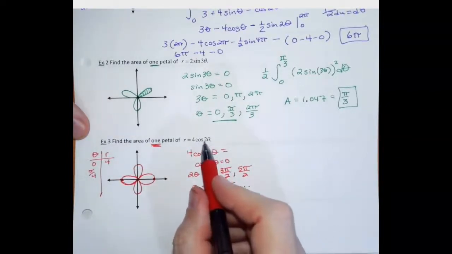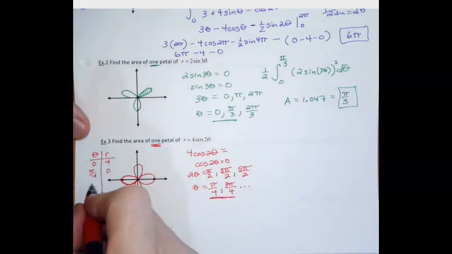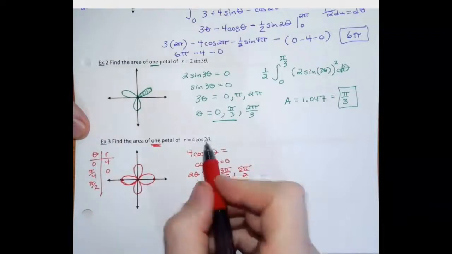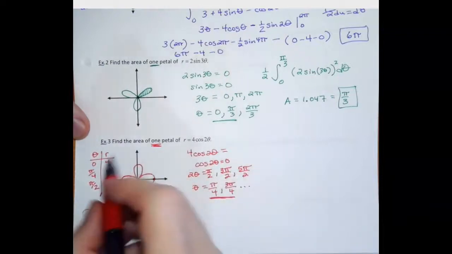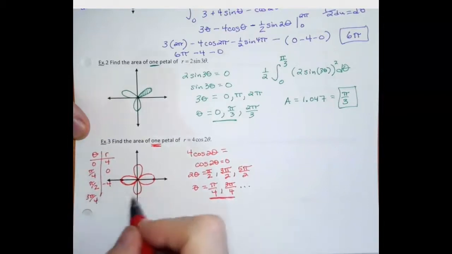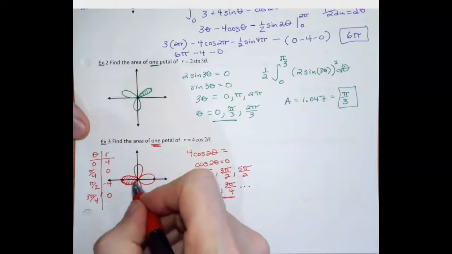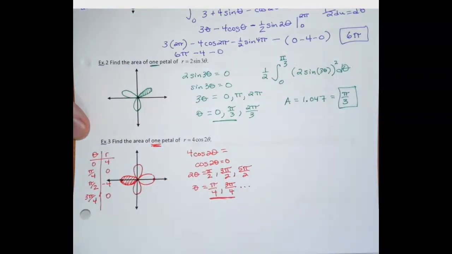So pi over 4, that's pi over 2, that's 0. Then if we do pi over 2, that's going to be pi, that's going to be -1, so that would be -4. And then 3 pi over 4 would take us back to 0. So that's this petal right here. Okay?